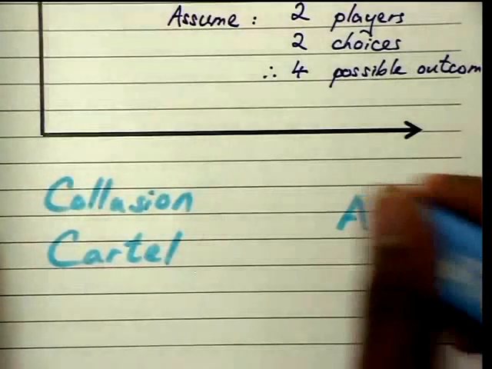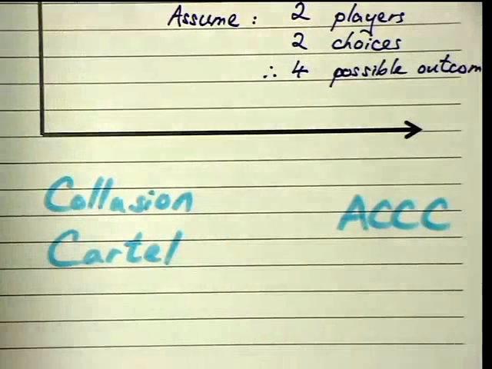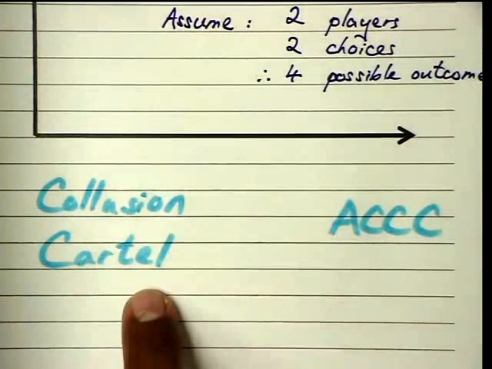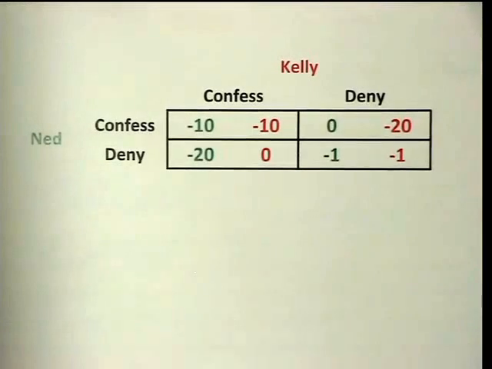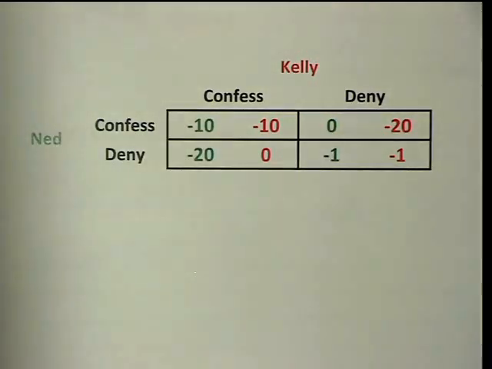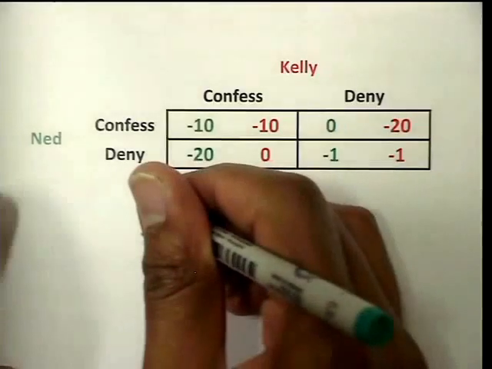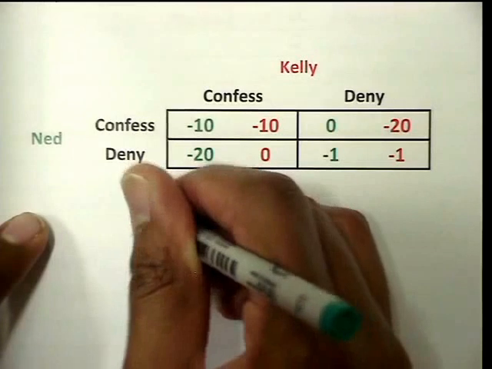And in Australia, the ACCC, which is the Australian Competition and Consumer Commission, is responsible for looking into possible collusive behavior or cartel behavior by firms. So the fact that we've separated these two prisoners is to model that aspect. Again, each does not know what the other will choose. So let's look at all possible guesses.